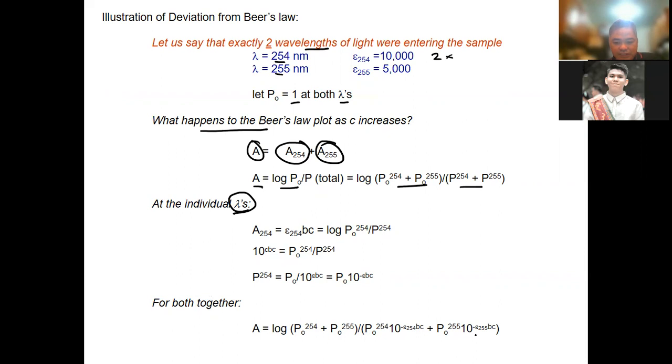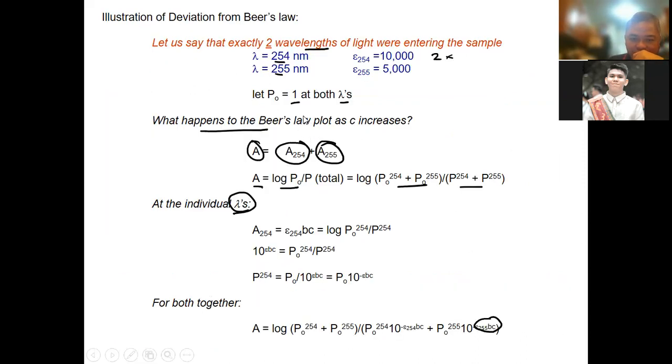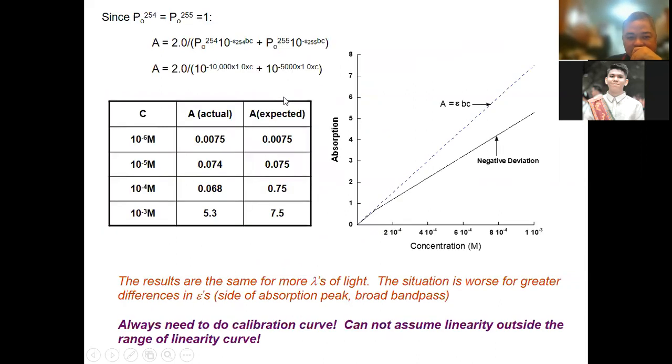And you have to take into consideration the contribution from this. And if we go further here, putting the amounts that we have, since both have the transmittance equal to 1, which is just 100% transmission, these are the values that we can get.